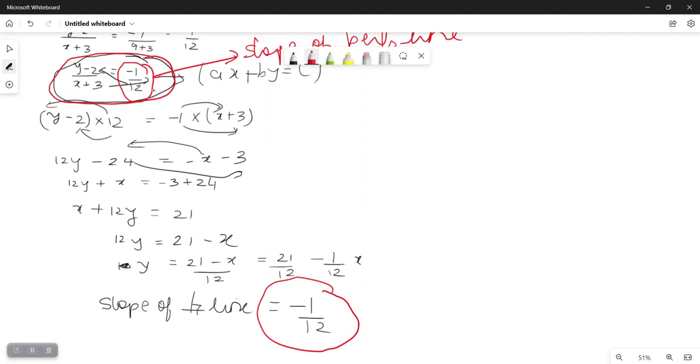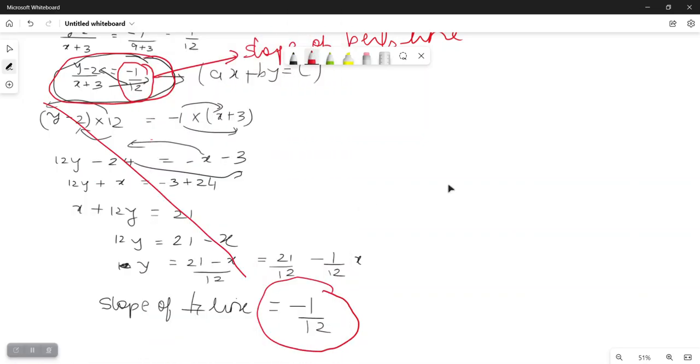So if you want to use the short trick, you can directly use the number that appears here as the slope of the perpendicular line, and you can avoid all these steps if you know this short trick.